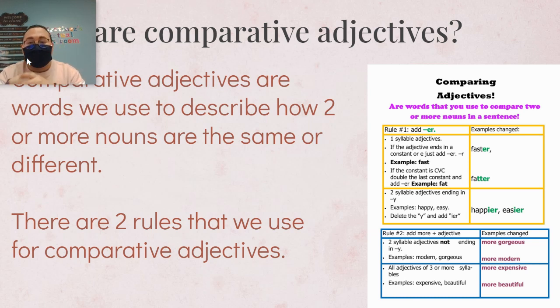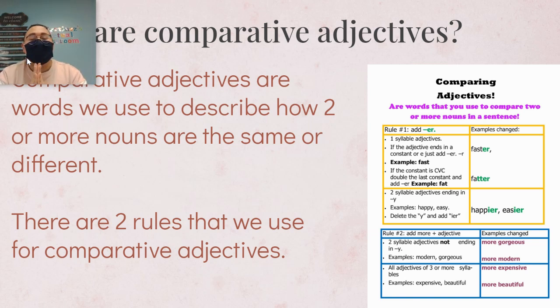So let me give you an example. When we have one syllable adjectives, we can add er to the end of that adjective. So let's look at the word fast. That is one syllable, right? Fast. So I can just add er to the end of that adjective. Now, if the adjective ends in an E, all I have to do is add the R, right?